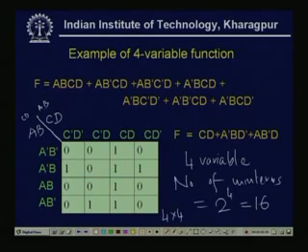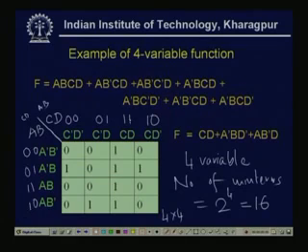For all possible combinations of a, b, that will be a bar b bar, a bar b, a b and a b bar, which we can also write in a different way: 0 0, 0 1, 1 1 or 1 0. Similarly, the c, d values can be 0 0, 0 1, 1 1, 1 0.